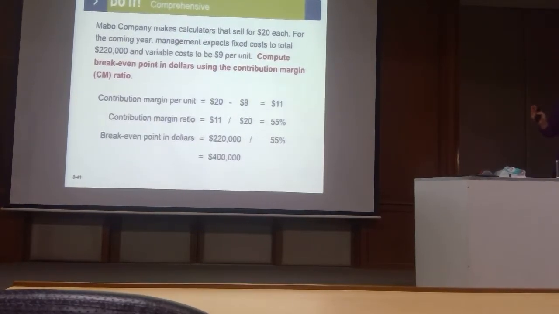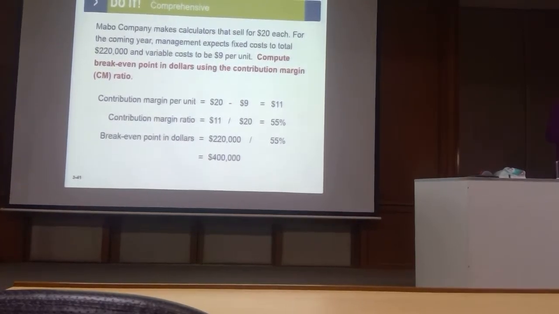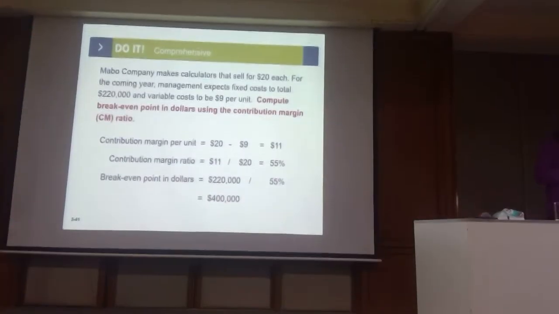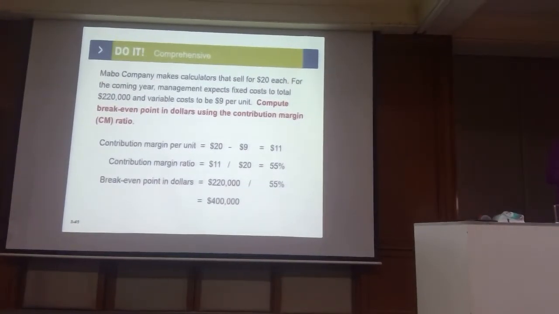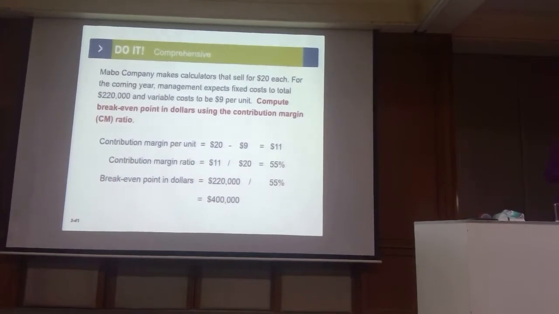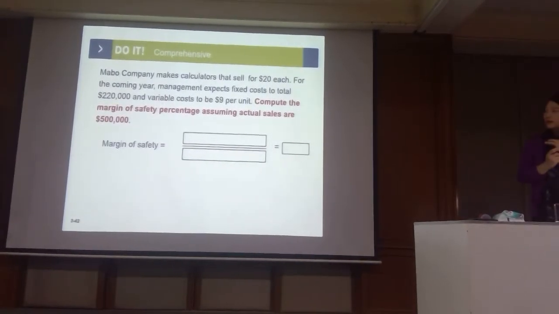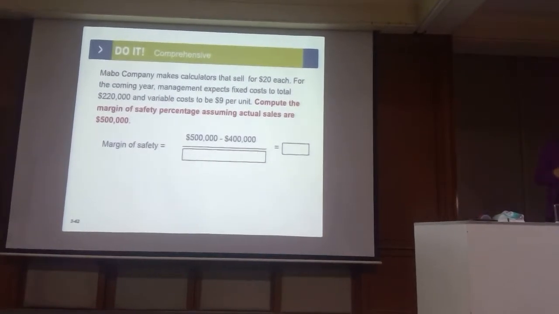So this is the break-even point right now, right? You need to have sales of 400,000. The next one asks you to compute the margin of safety, right? For margin of safety, we subtract break-even sales from current sales. Currently your sales equal 500,000, so you subtract break-even sales, and then you divide by your current sales.